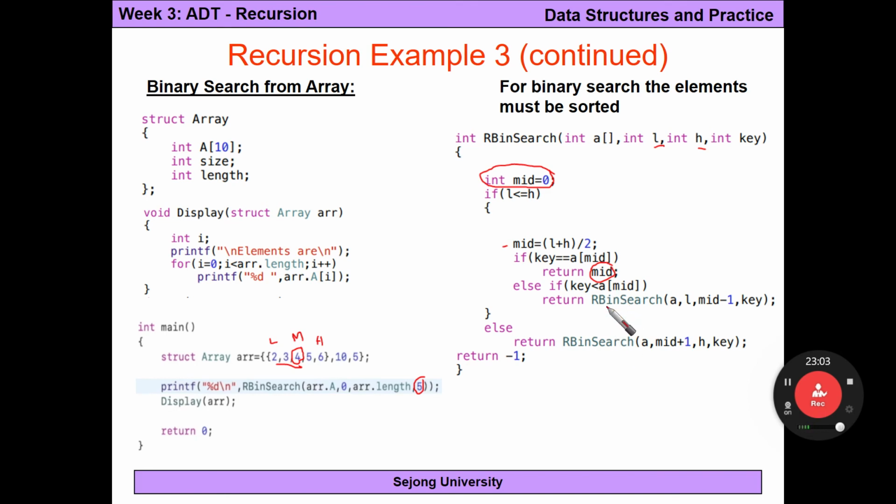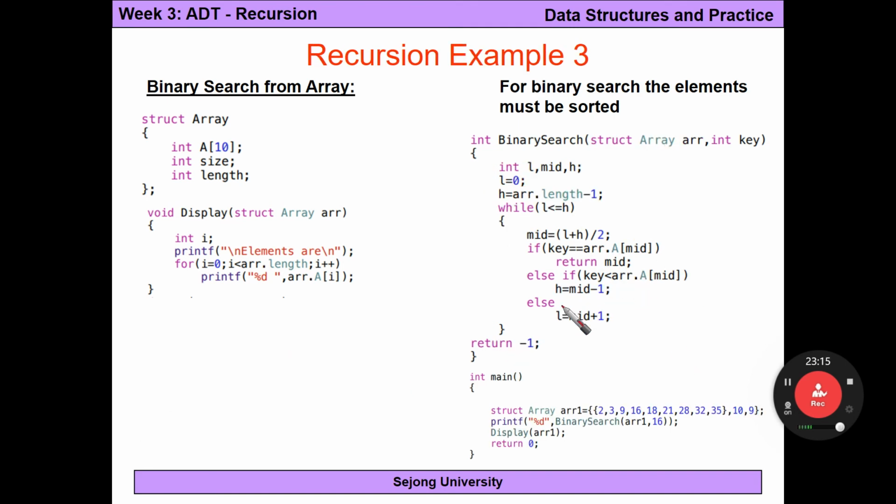Here it is recalling the function. So here it is assigning mid minus 1 and mid plus 1 within the function, the thing that we were performing here. The h value was assigned mid minus 1 if key was less than this, and if this is not the condition, the key is greater than this in the upper part, so we were assigning L is equal to mid plus 1.